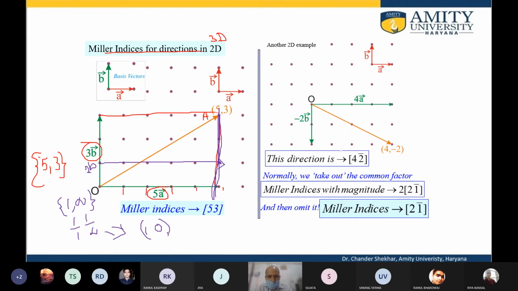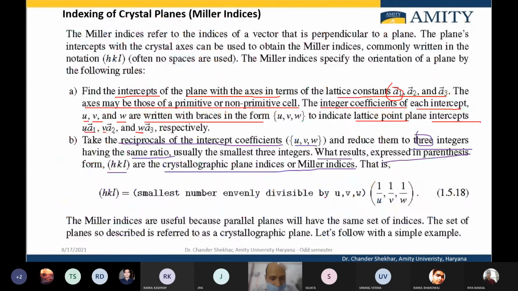What are the steps? First find the intercept, then take the reciprocal, and then reduce. This is the third step: reduce them to 3 integers having the same ratio. Usually the smallest 3 integers are taken. So there are 3 steps.